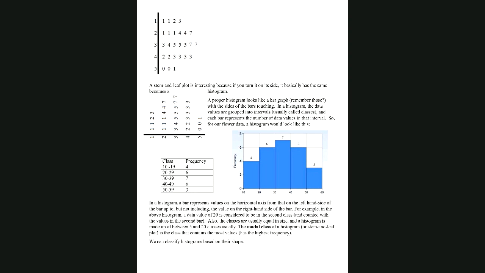I have a 42, another 42. I have 4 43s, 2 50s, and a 51. So that's the stem and leaf plot. So this is the stem. I'll do this in green. And these are all the leaves.